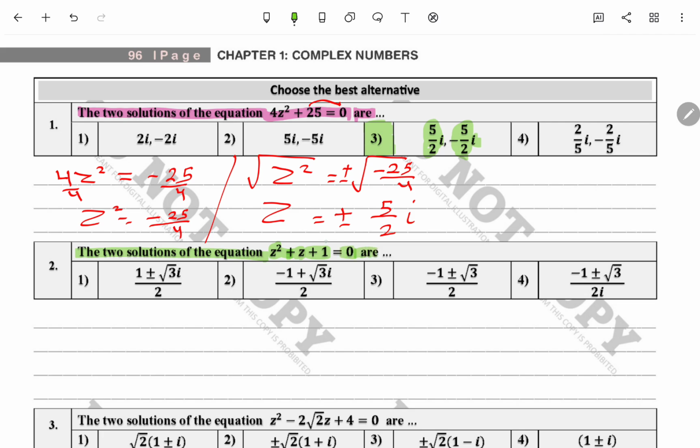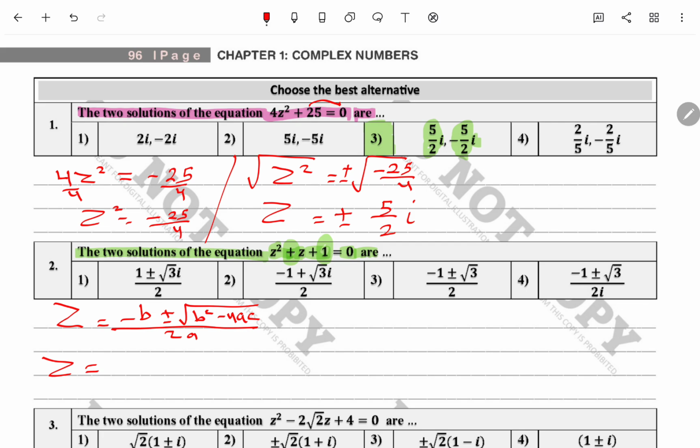If you think to factorize this quadratic equation, you can't easily, because you can't find two factors that multiply to give 1 and that add to give 1. So you use the quadratic formula: z equals negative b plus and minus the square root of b squared minus 4ac, divided by 2a.